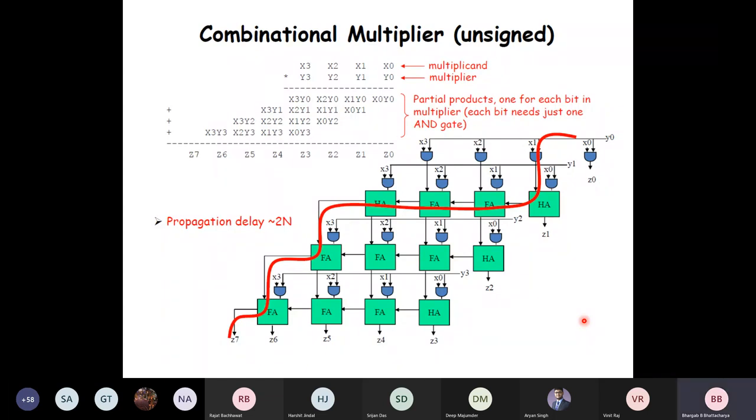So this is called the conventional array multiplier using ripple carry adders. Simple to implement, but the cost is quadratic, because it must be n times n, since this is a two-dimensional architecture. So you need n by n full adder blocks, and also a quadratic number of AND gates. So cost is quadratic, delay is linear.